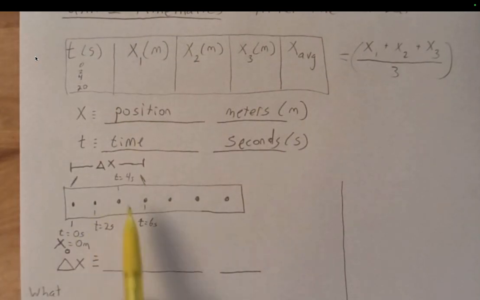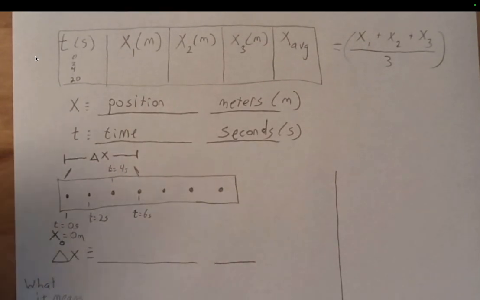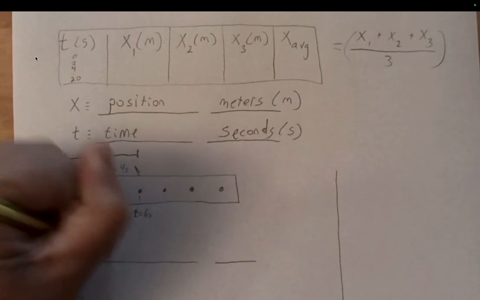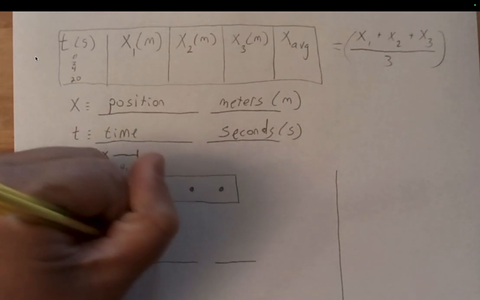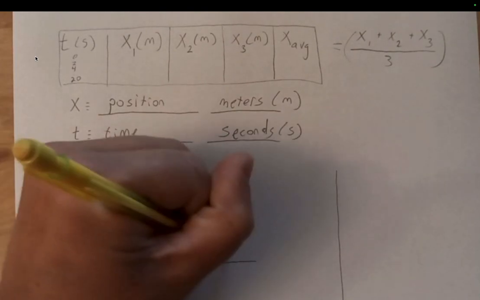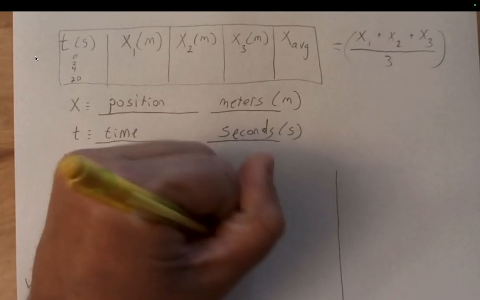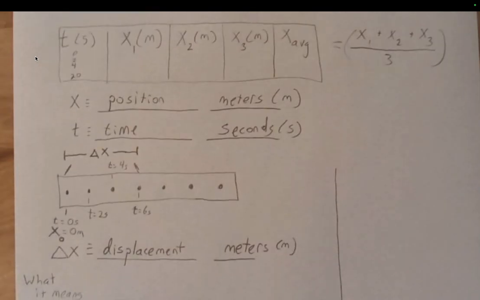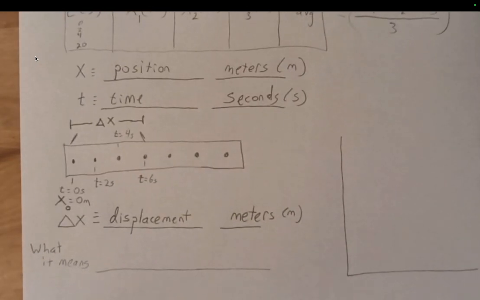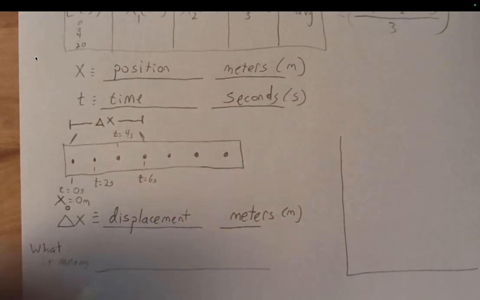If we are concerned with the displacement after 6 seconds, we can get to this delta x, which is the displacement, in terms of meters. So what this displacement means is, it's kind of a way of saying how far from where it started.